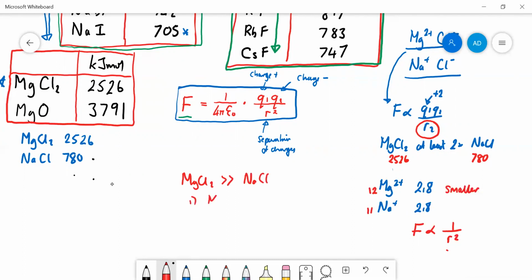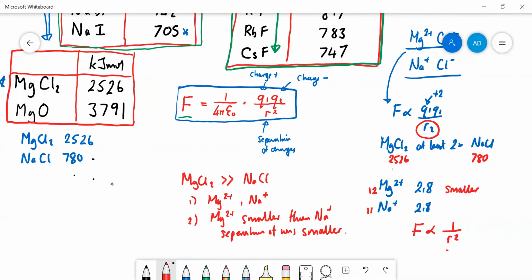One, Mg is a 2+ ion and Na is only 1+. And secondly, magnesium is smaller than sodium, so the separation of the ions in the lattice is going to be smaller. That is the way I would think about how to explain differences in lattice enthalpy.